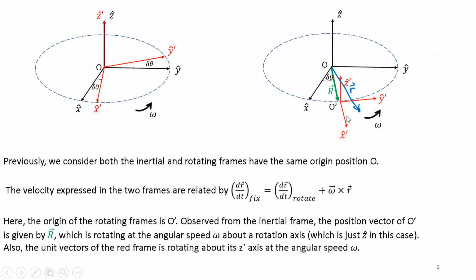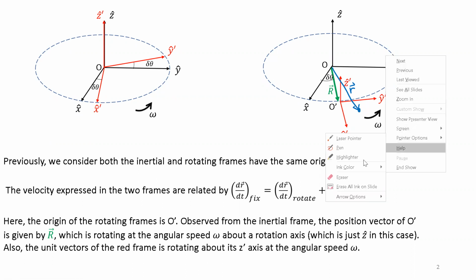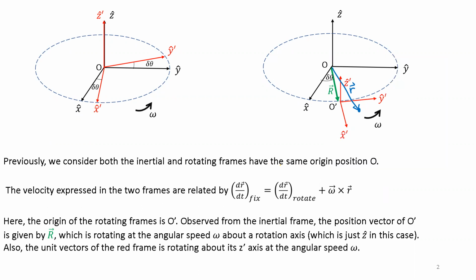Now if I want to describe the position vector of this same particle according to the rotating frame, this time I will have to draw a vector like this, R prime.